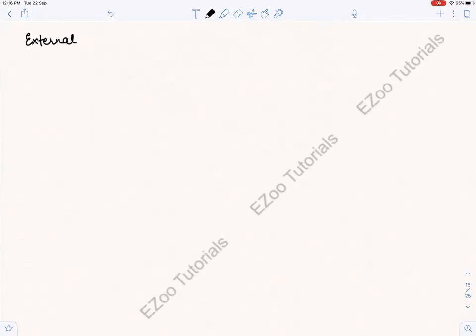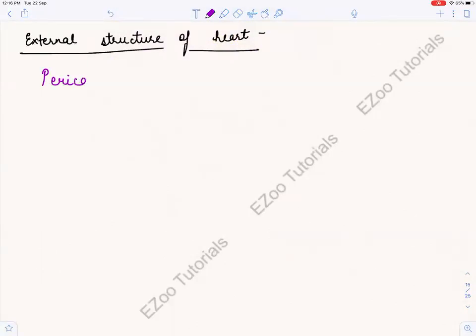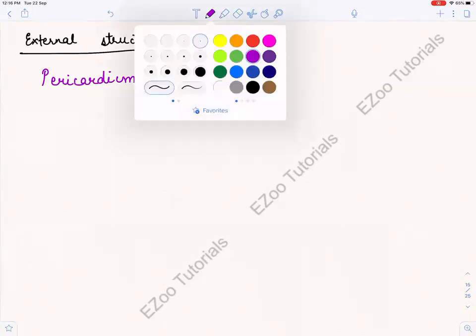Now let us write a few important words and what they mean, since we already know where they are present. So now let us see the external structure of the heart. The first thing that we should know is the pericardium, right? So what is pericardium? Peri means outside, around, periphery.